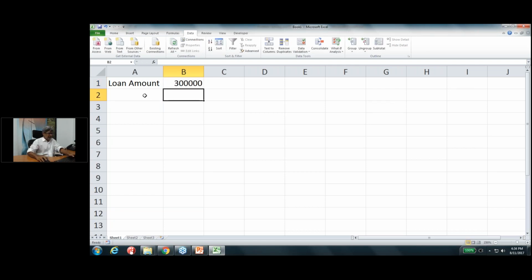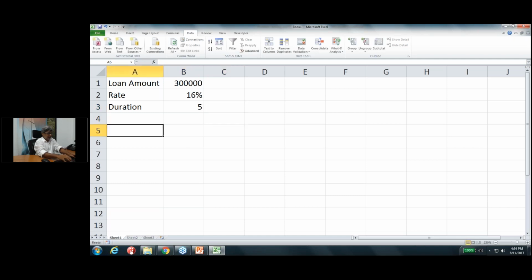Now the bank is giving a loan at a certain rate, maybe 16%, and then we have the duration of the loan, maybe 5 years, duration in years.